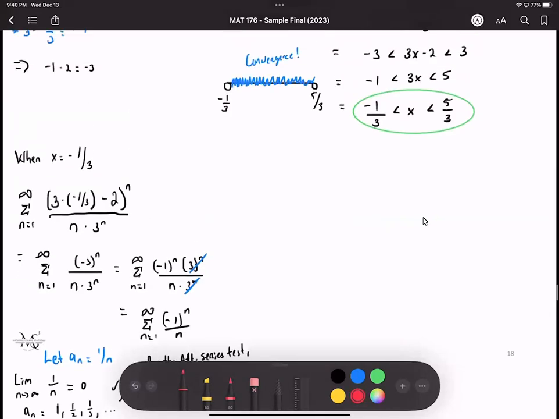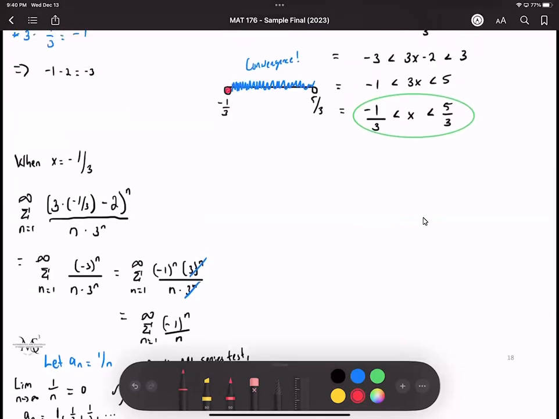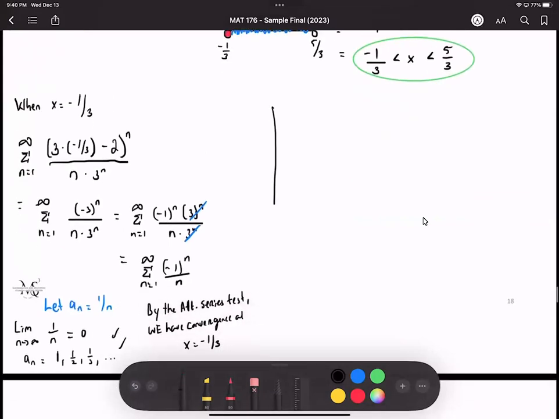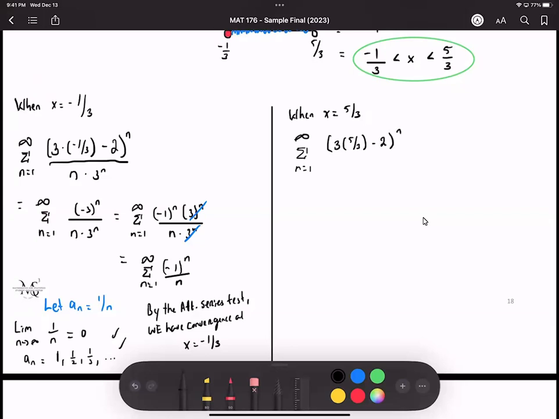So what I'll do is I'll shade in my negative 1/3, and now I just have to check the other endpoint, check the 5/3. Well, when x is now equal to 5 over 3, we'll get the series from n equals 1 of 3 times 5/3 minus 2 raised to the n power, all divided by n times 3 to the n.